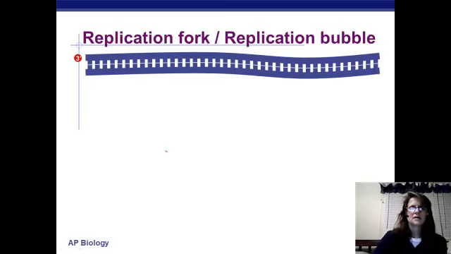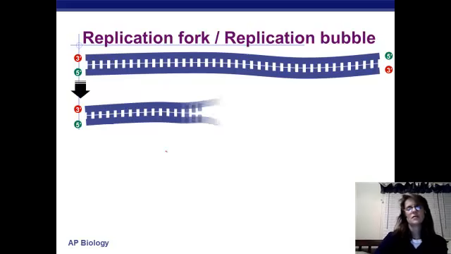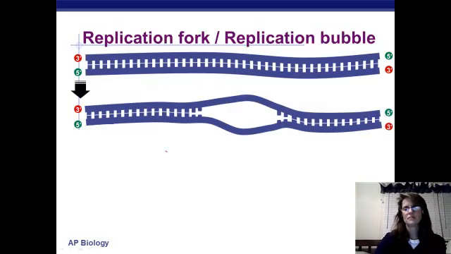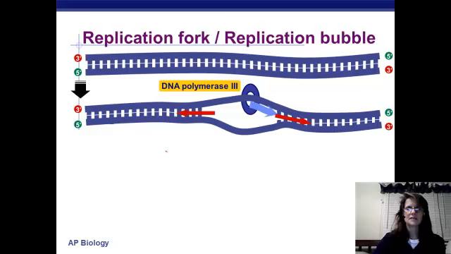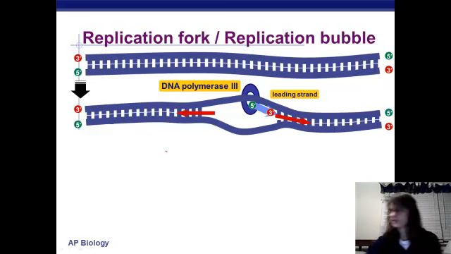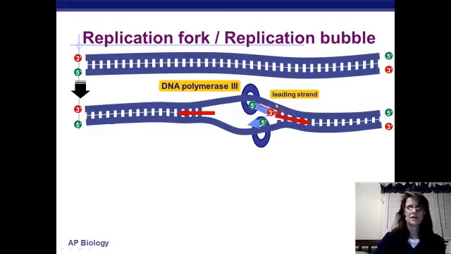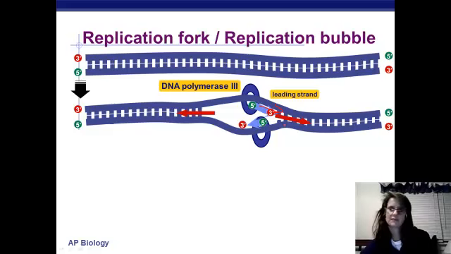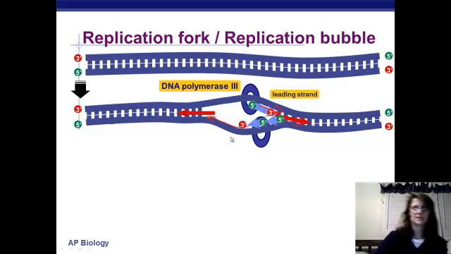Okay, so looking at this, we're going to see the whole thing. There's your replication bubble, and you can see the 5 prime and 3 prime ends. It's going to open up in both directions. DNA polymerase 3 would move this way very easily up this side of the fork, but up here it's going to have to wait for the fork to open in this direction, but it can do continuous synthesis this way very easily.